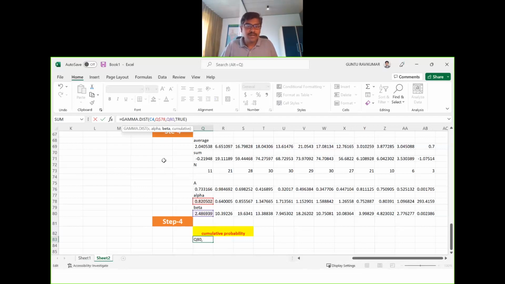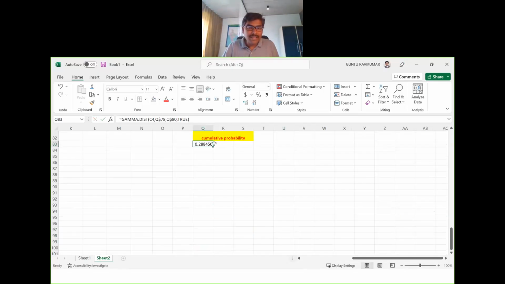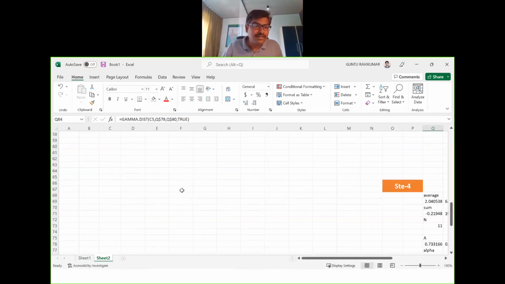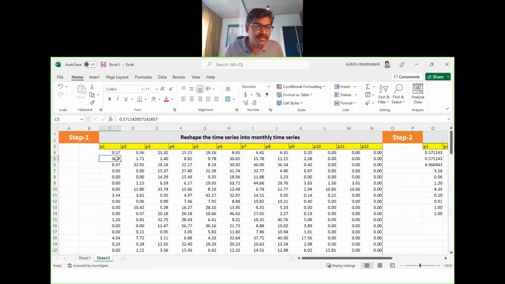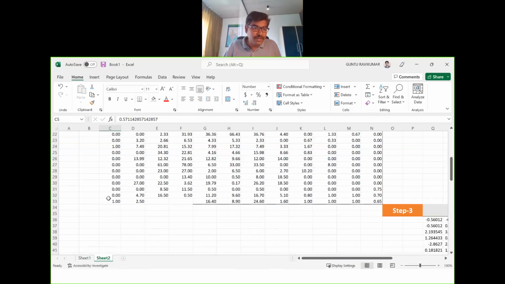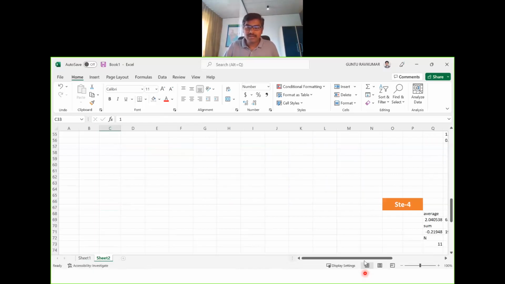Now if we drag these values, you can see 78 remains constant. C5 means the second observation, where C is the column and 5 is the row. So we need to go till C33.